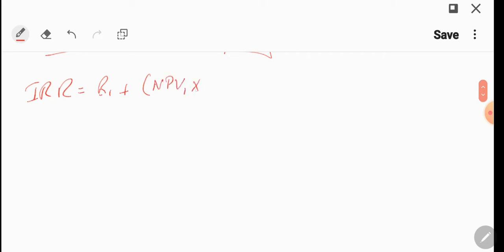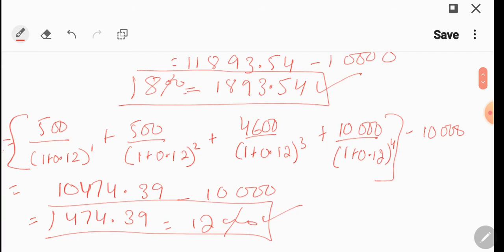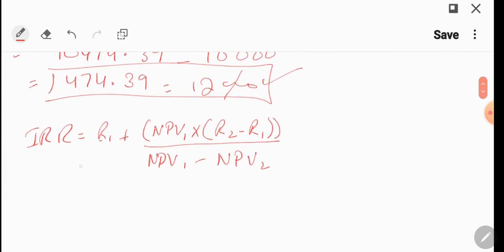So the IRR approximation formula is... so now we'll plug in the values. R1, the first rate that we took, was 8%. So this is 8%.